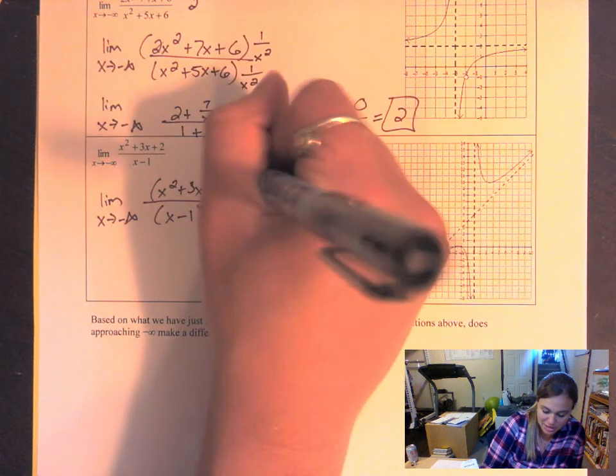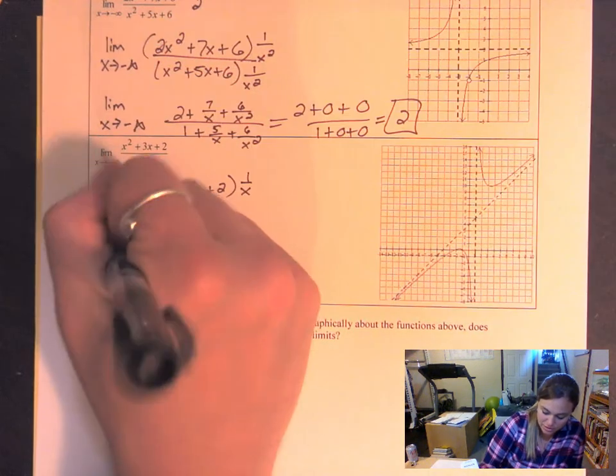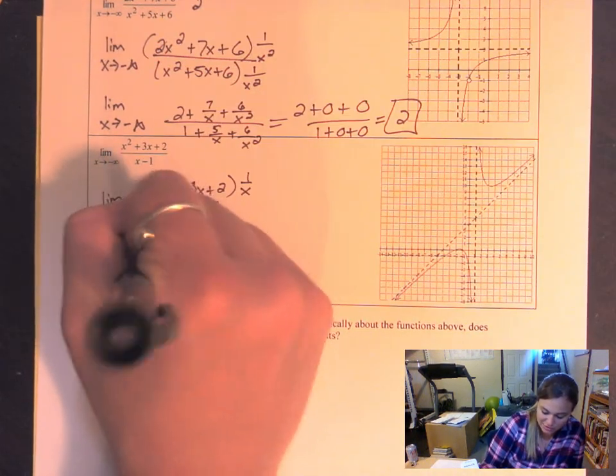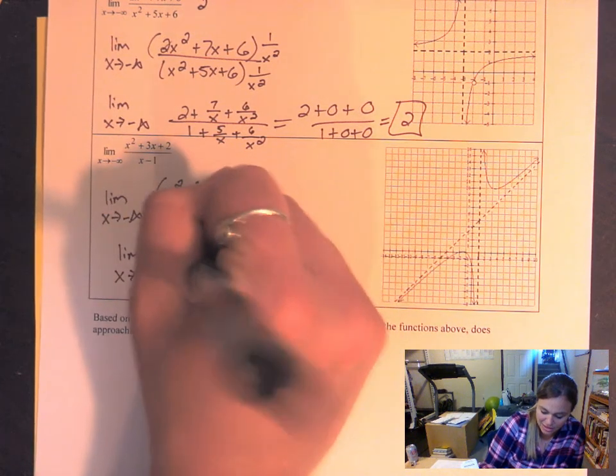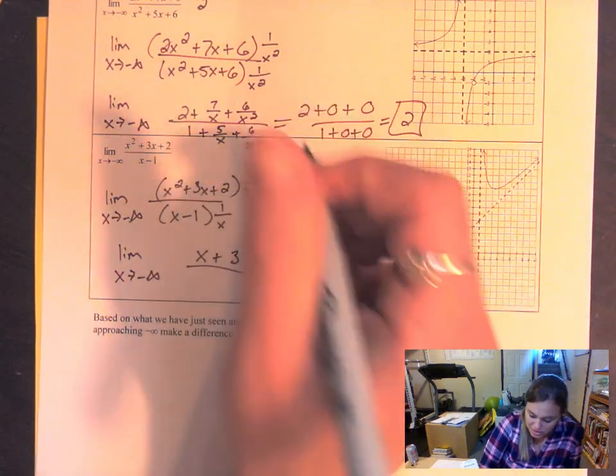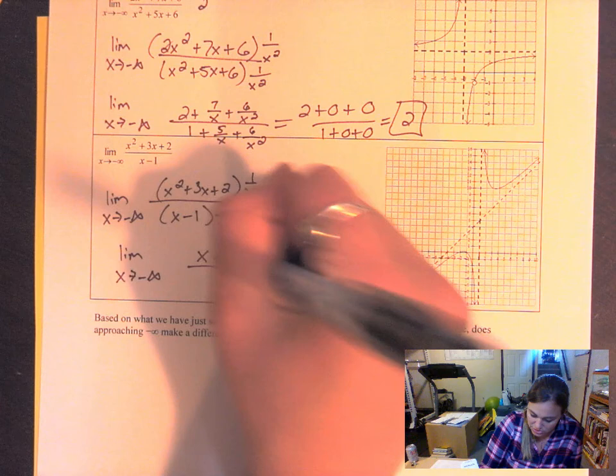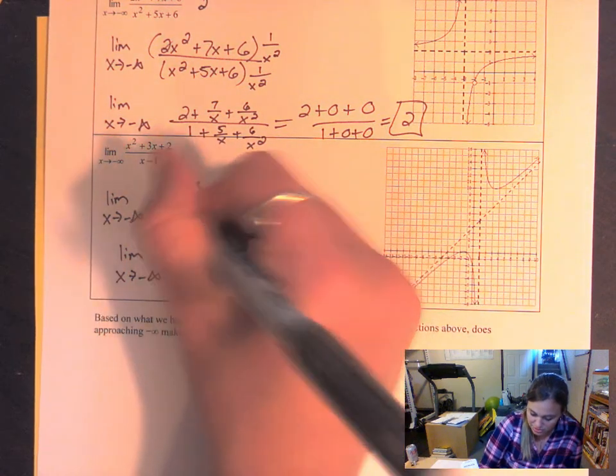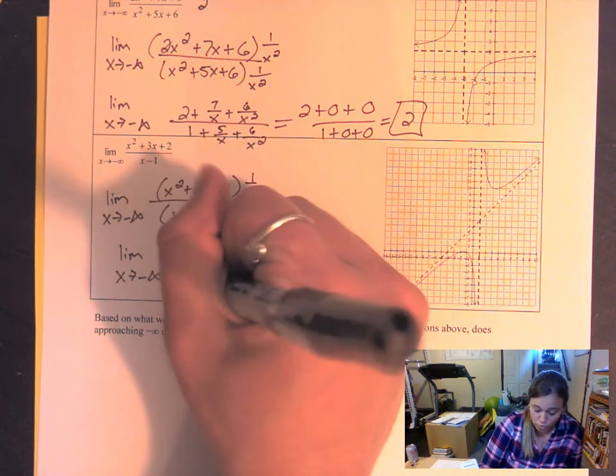If I do it in the denominator, I have to do it in the numerator. So I get the limit as x approaches negative infinity of x plus 3 plus 2 over x, over 1 minus 1 over x.